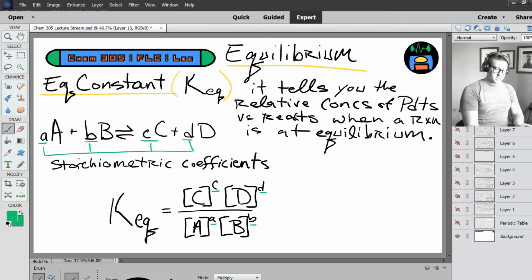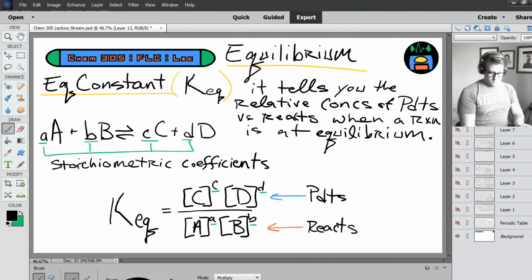All right, and the thing to note is here in the numerator, you have products, and in the denominator, you have reactants. All right, so you've got products, you've got reactants.